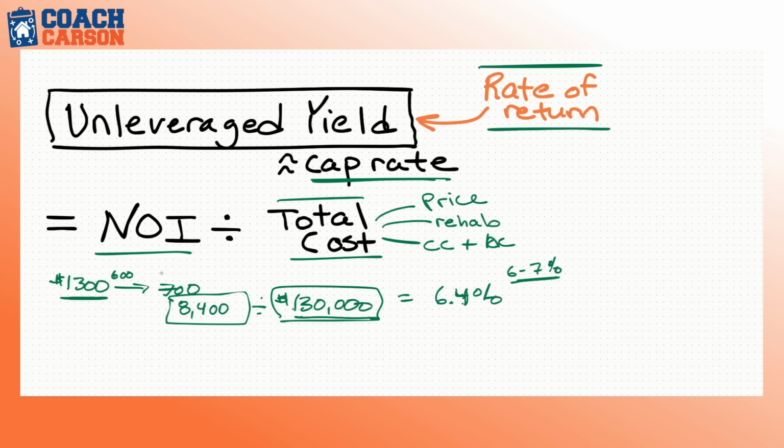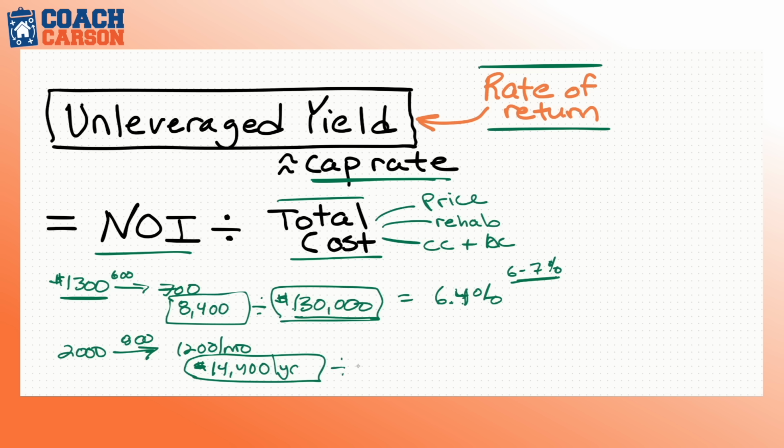So let's do a quick analysis of an unleveraged yield on maybe something that'd be more typical in my area in Clemson, South Carolina. So we had that $2,000 rental. That remember, it had operating expenses of $800, has $1,200 in NOI per month, or $14,400 per year. And so that's the first part of our unleveraged yield formula.